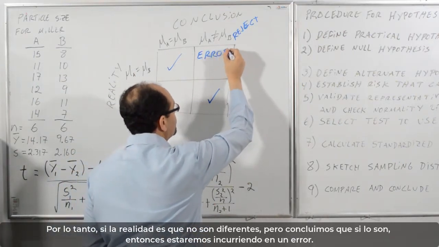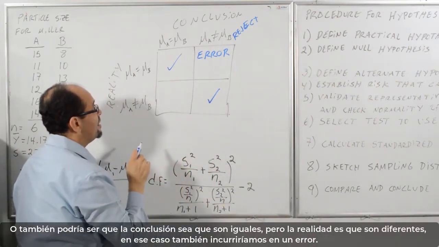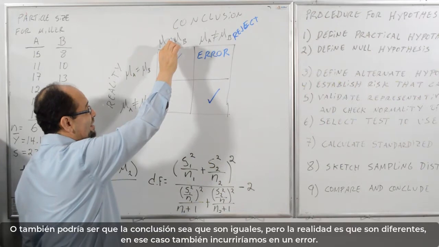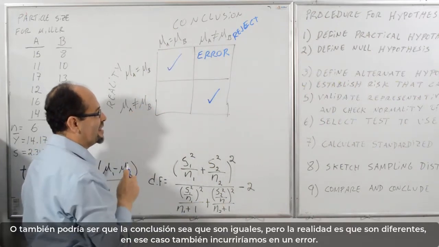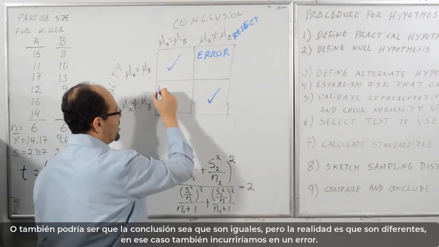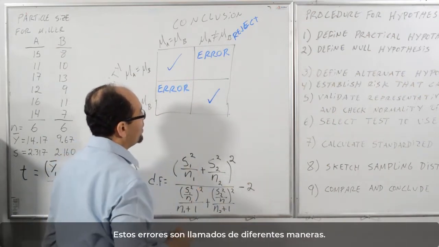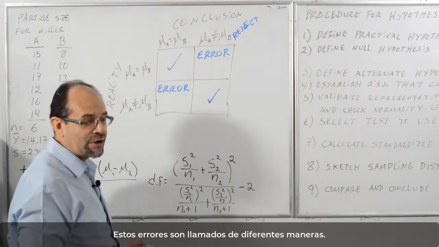That is an error. And also it can be that your conclusion is that they are the same, but the reality is that they are different, then that's an error as well. These errors are called in different ways.